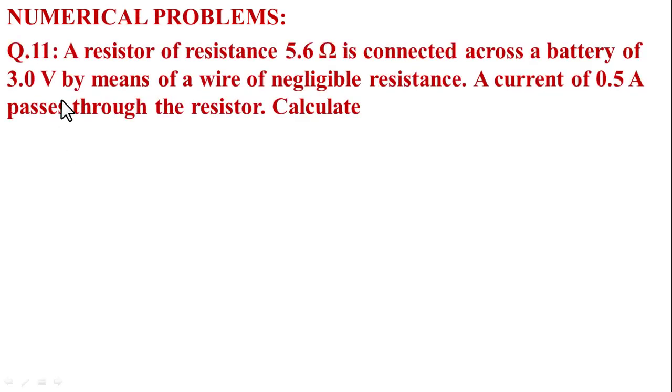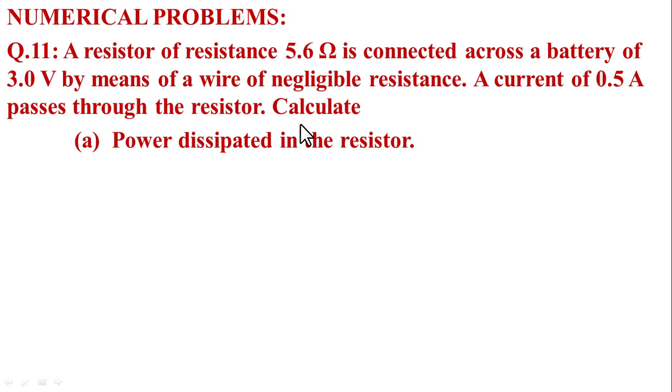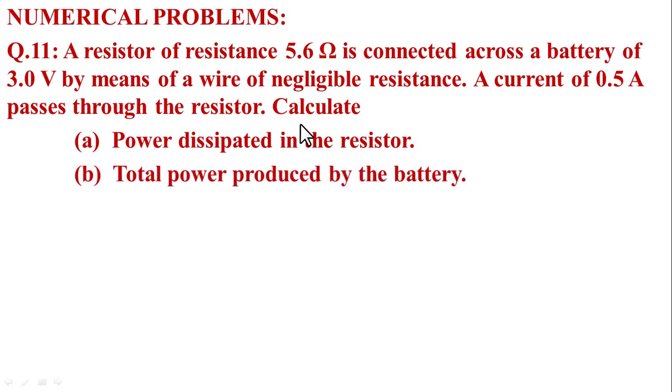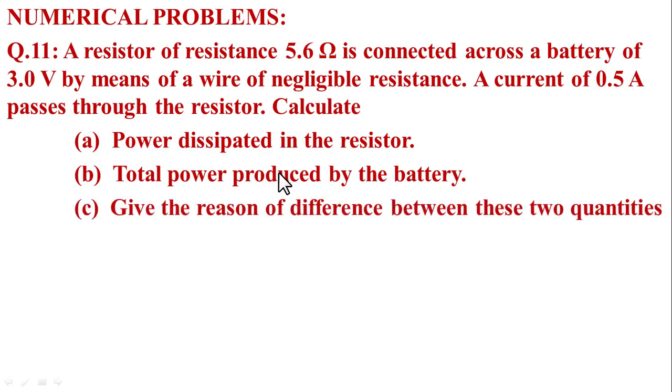In question number 11, given statement: A resistor of resistance 5.6 ohm is connected across a battery of 3 volt, neglecting the resistance of the wires. A current of 0.5 ampere passes through the resistor. Calculate in A the power, and in B the total power produced by the battery. In C part, give the reason for the difference between these two quantities.